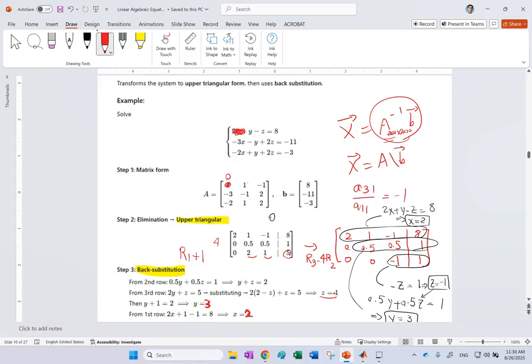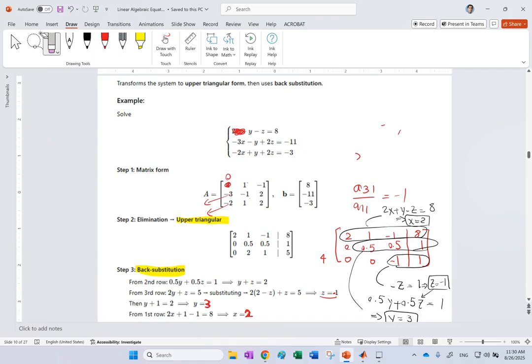Now, if I want to get rid of this -3 and -2 and turn them to 0, I cannot divide them by that 0 on the top, okay? So you might say, what would you do in that case? The solution is, well, of course, I'm going to swap rows before I find those ratios and do row elimination. So how do I do it?